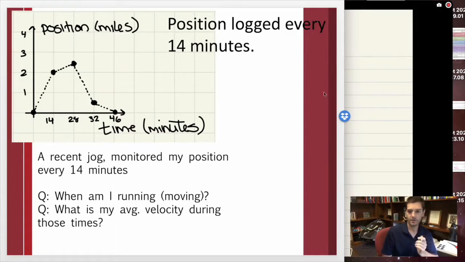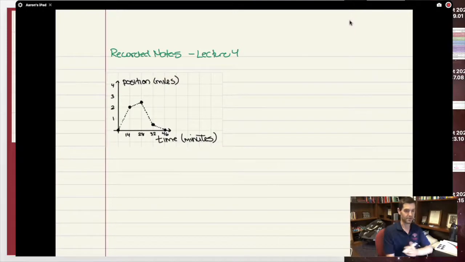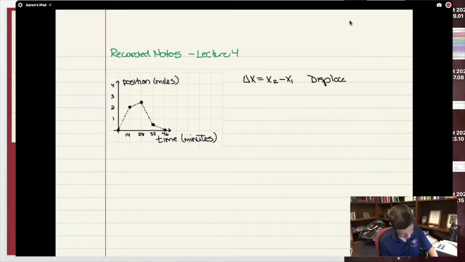All right, so let us, again, just remind ourselves of what that looked like. Let me just write that down. Remember that we had displacement, which was final position minus initial position. We called this a vector quantity because it requires you to have some sort of coordinate system laid down, because whether delta x, in this case, is positive or negative means something.